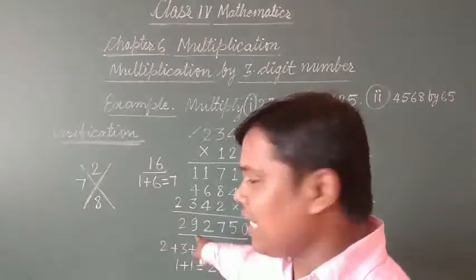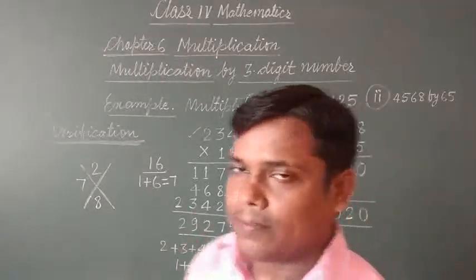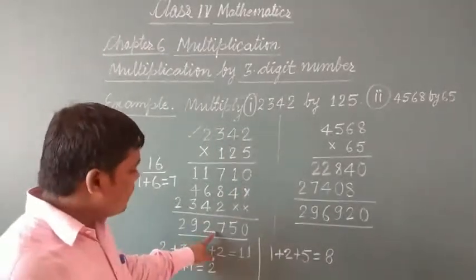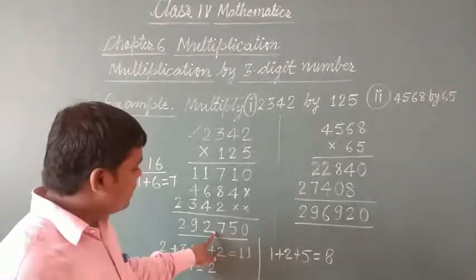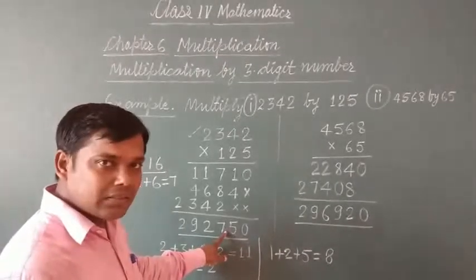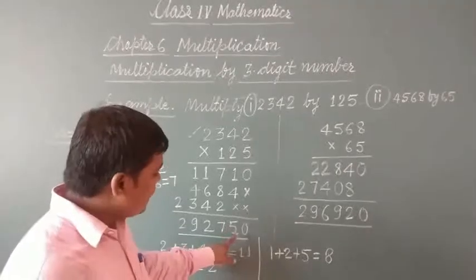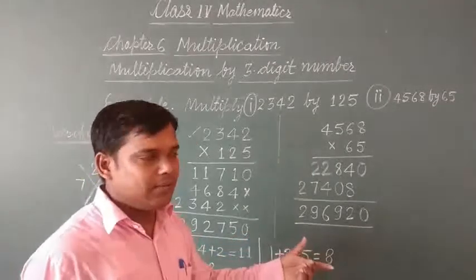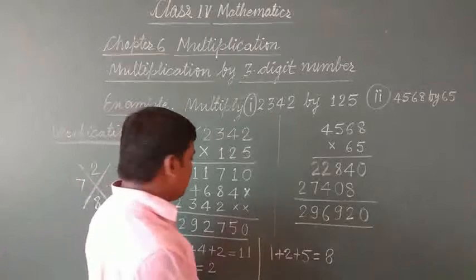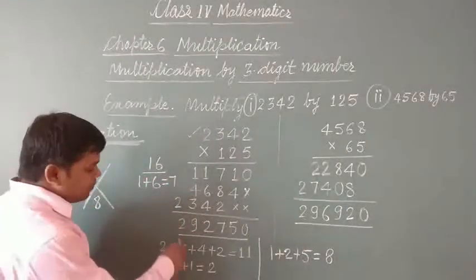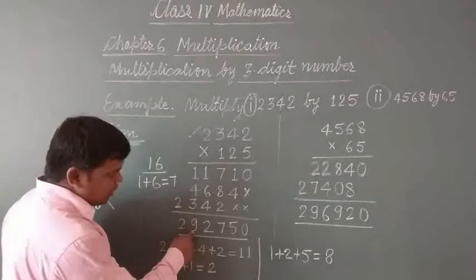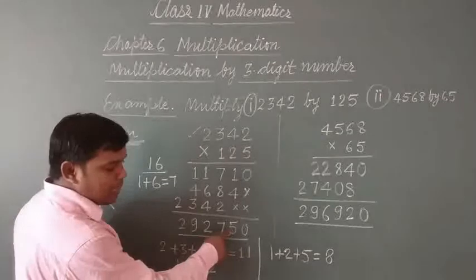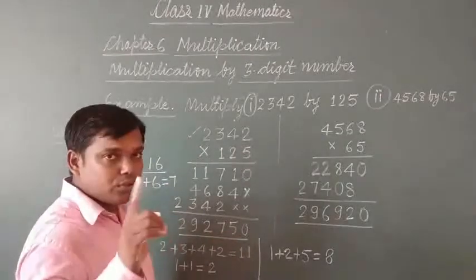So now I am going to add the digits of the product. 2 plus 9, 11. 11 plus 2, 13, 13 plus 7, 20, and 20 plus 5, 25, and 25 plus 0, 25.